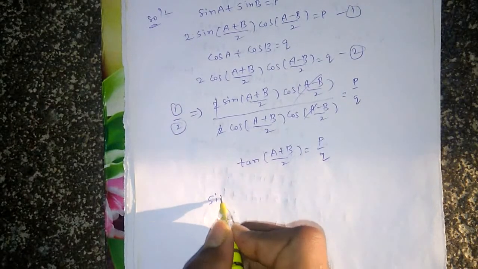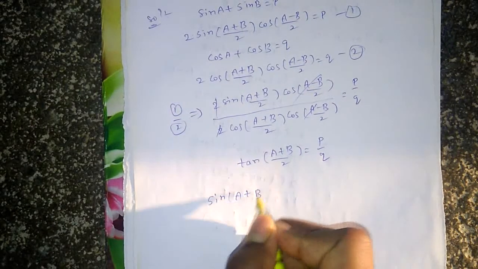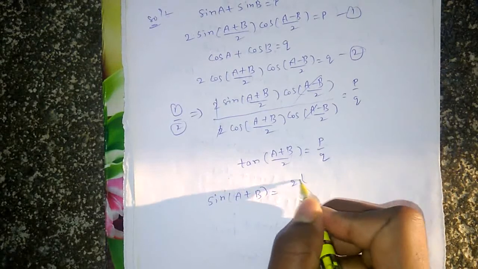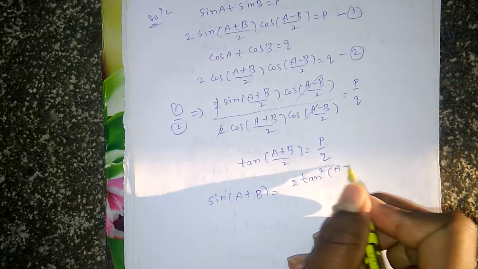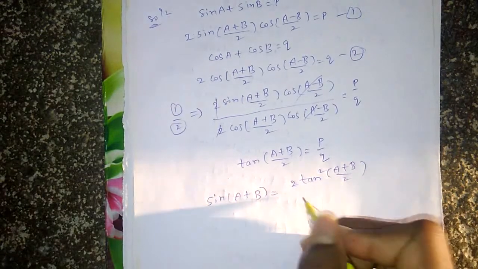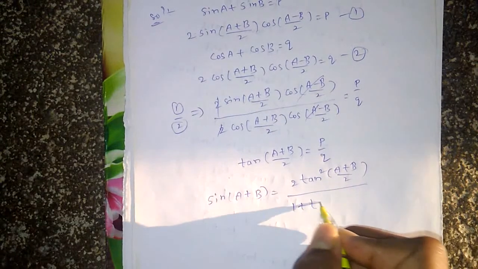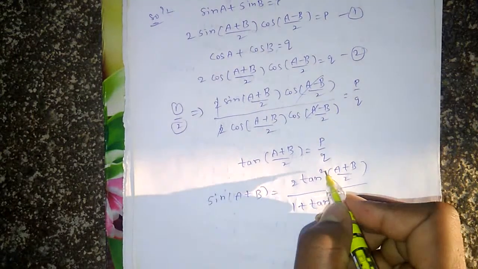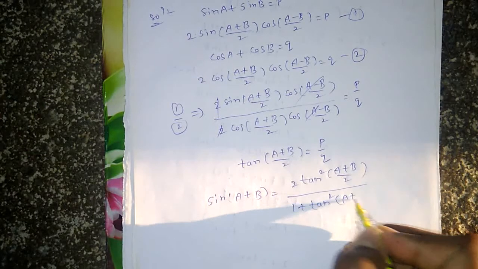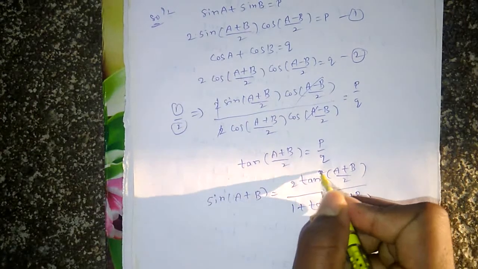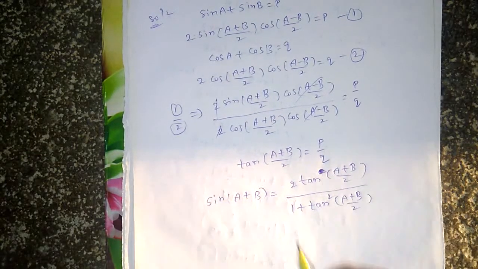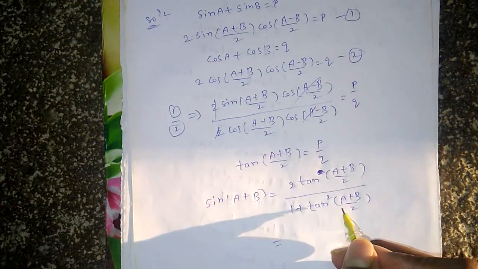Now we need to find the value of sin of a plus b. So sin of a plus b in terms of tan is what? 2 tan of a plus b by 2 by 1 plus tan square of a plus b by 2.